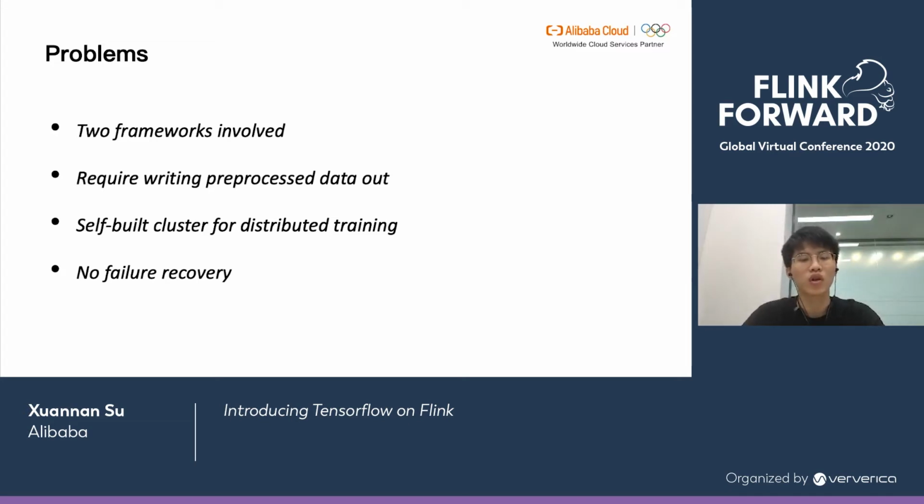This introduces complexity to deploy and maintain two different systems. And since there are two different frameworks, if you have your feature engineering and pre-processing done in Flink, then you will have to write the data out to some kind of external storage so that TensorFlow can use that data to do model training or inference.